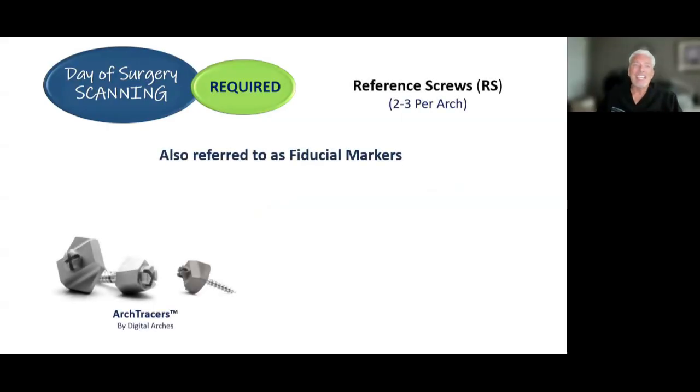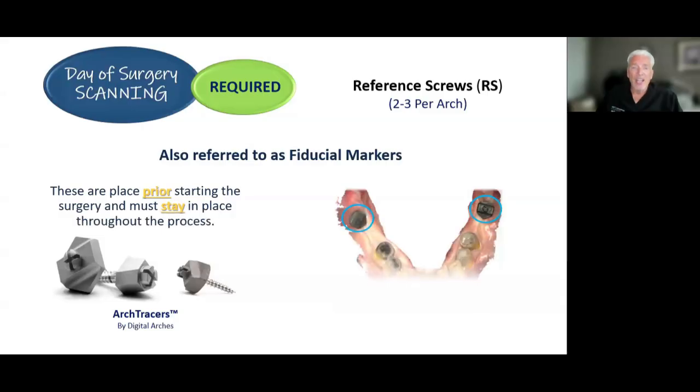So some of the things that you need: we'll talk about these reference screws or fiducial markers. These nice ones I'm showing are from Digital Arches. They call them their Arch Tracer.